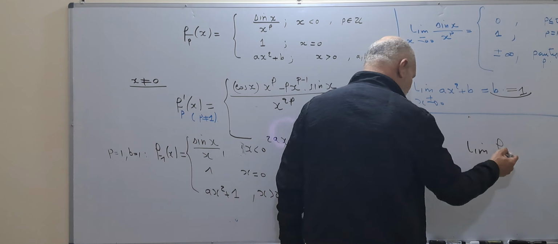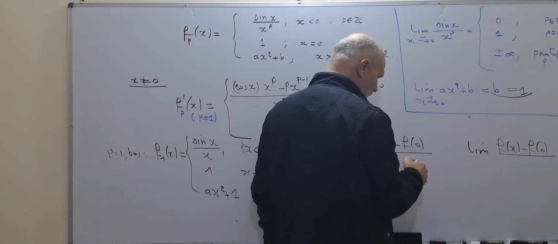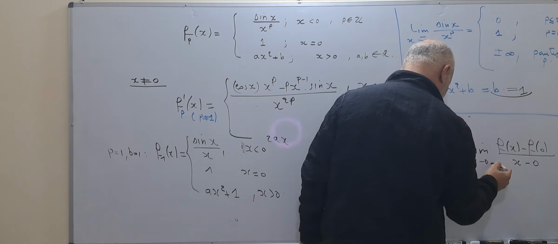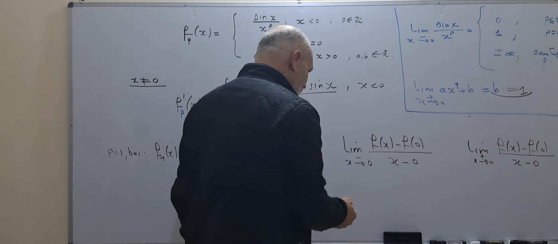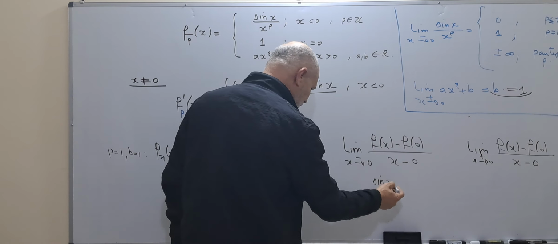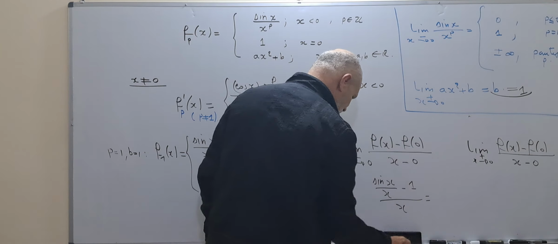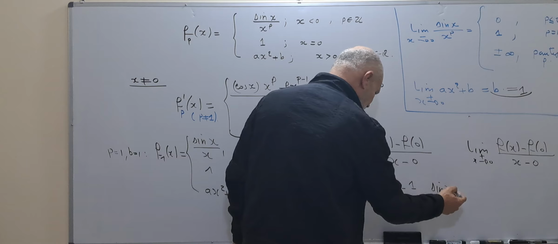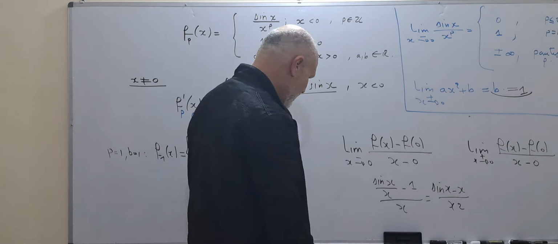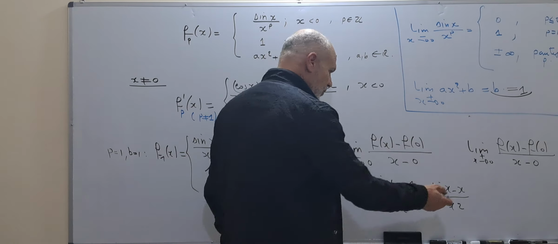If they are equal, the function is differentiable and the derivative at this point is equal to the common limit. From the left, it is equal to sine x over x minus 1 over x, which is sine x minus x over x squared, as x goes to 0 minus. This actually goes to 0.